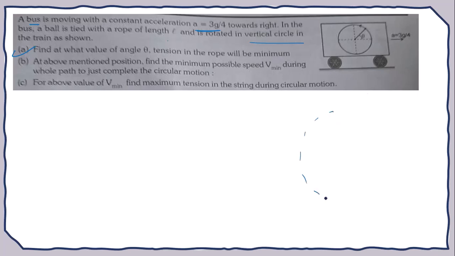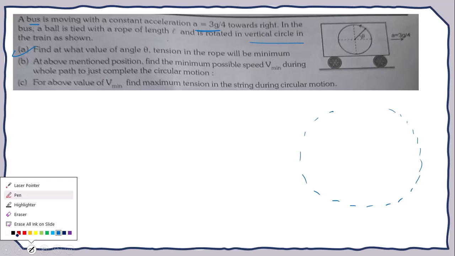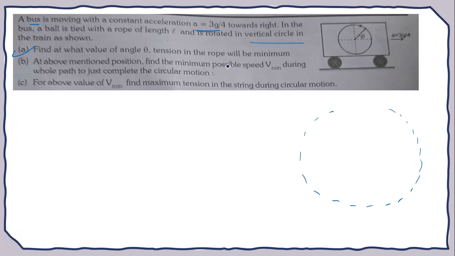Let us say the ball is performing a circular motion, and on the ball there will be one pseudo force. Now you are asked to calculate the value of theta at which the tension in the rope will be minimum. I know that for a vertical circle, tension will be minimum at the point where the speed is minimum.